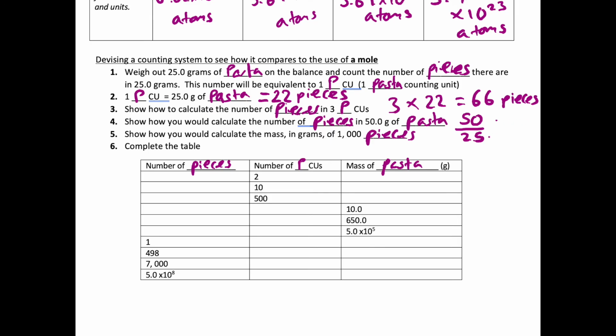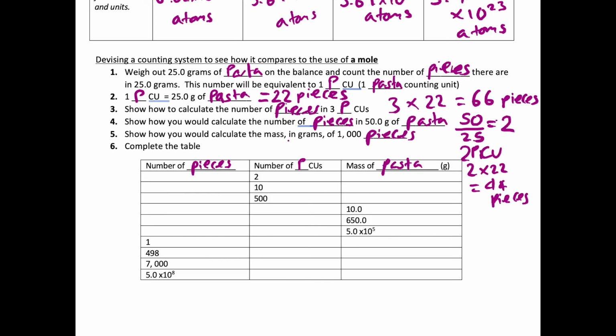So 50 divided by 25 is telling us how many pasta counting units we have in that 50 grams. And that answer there is 2. So we have 2 pasta counting units in the 50 grams. So we then want to do 2 lots of the 22 to get our number of pieces, and that gives us 44 pieces.